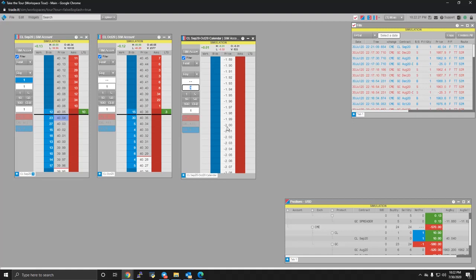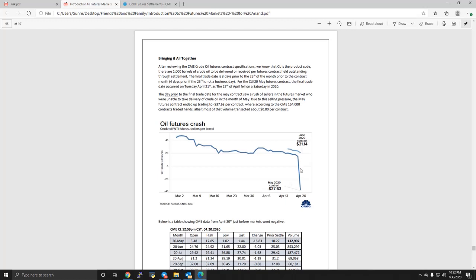So we're saying that before the crash, that calendar spread was all the way down here at -3, -4 range, between the CL May and June contracts. Here we have SEP and OCC to demonstrate. So that calendar spread, at the bottom of the market, went out to minus 58, it's almost minus $59, and that's just an incredible move for a calendar spread market.